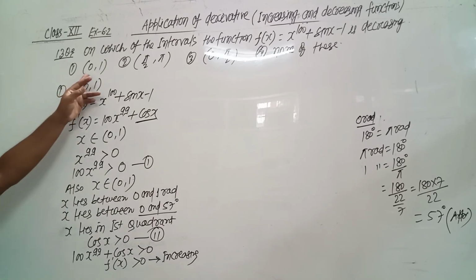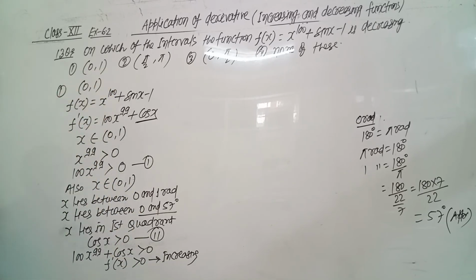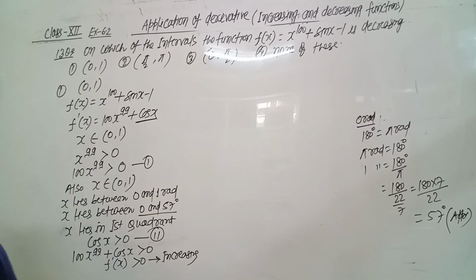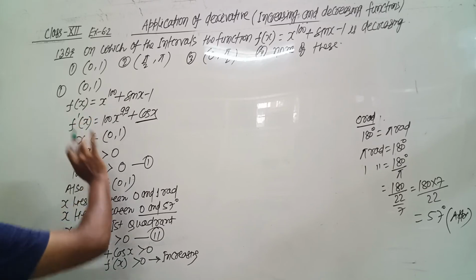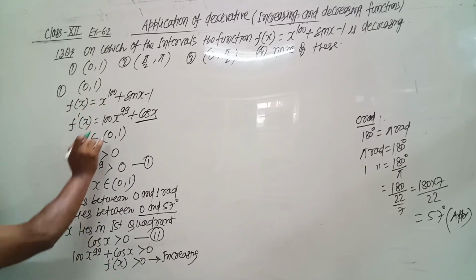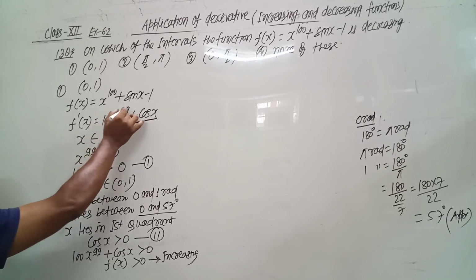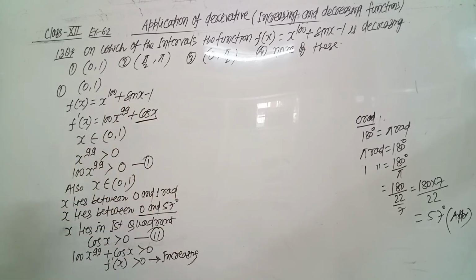See again, the interval we have been given is from 0 to 1. The function is given as f(x) equals x raised to the power 100 plus sin x minus 1. We differentiated f(x), so the differentiation is f dash x, and the differentiation of x raised to the power 100 is 100 into x raised to the power 99, plus the differentiation of sin x, which is cos x.